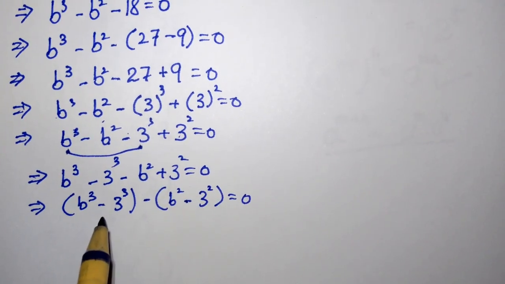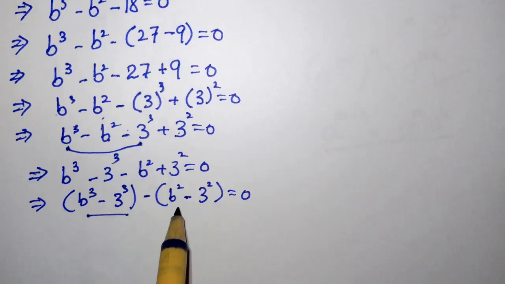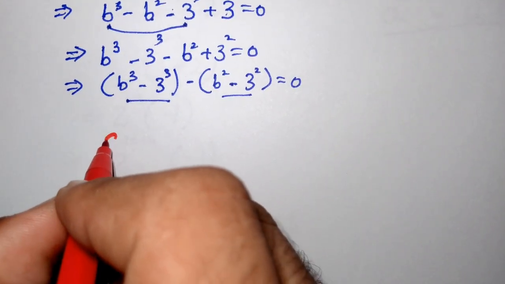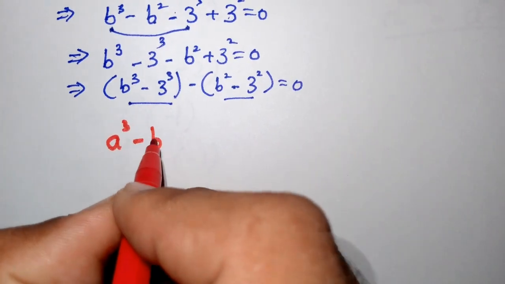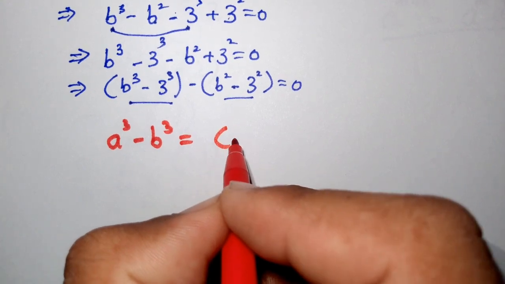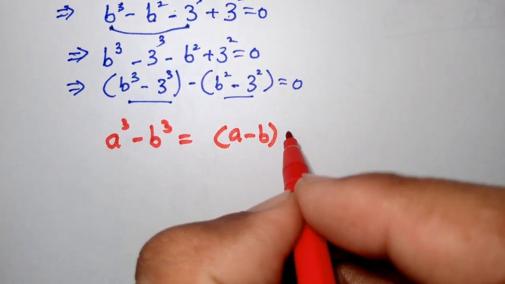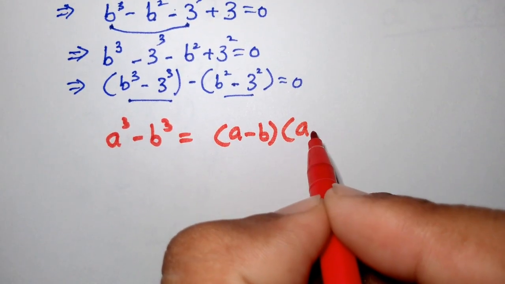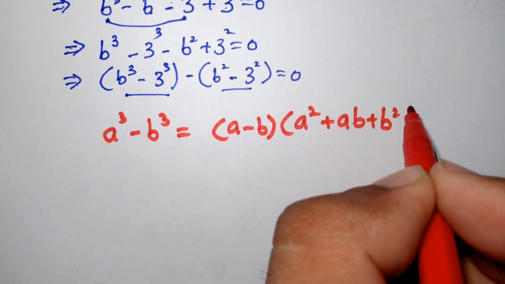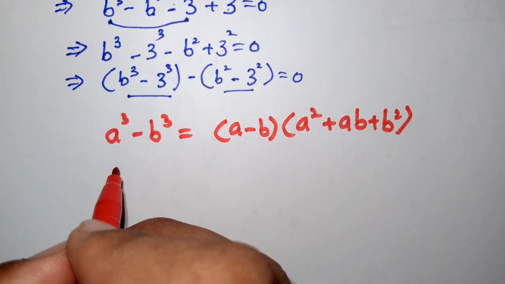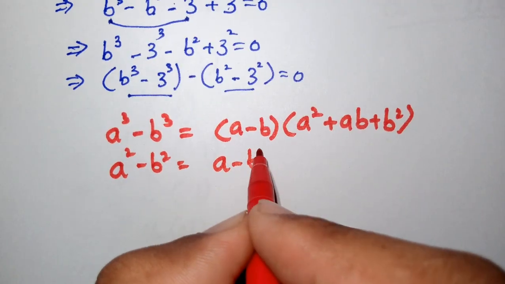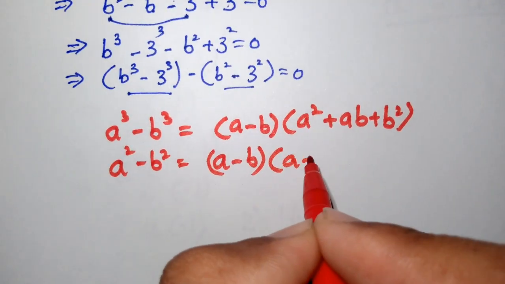Now we have to apply here two identities for this and this. The first one is a cube minus b cube is equal to a minus b times a square plus ab plus b square, and for this we have to apply the identity a square minus b square is equal to a minus b times a plus b.